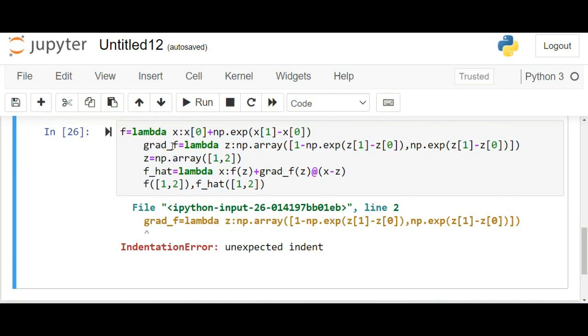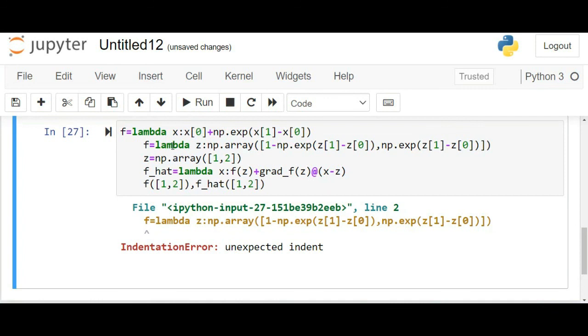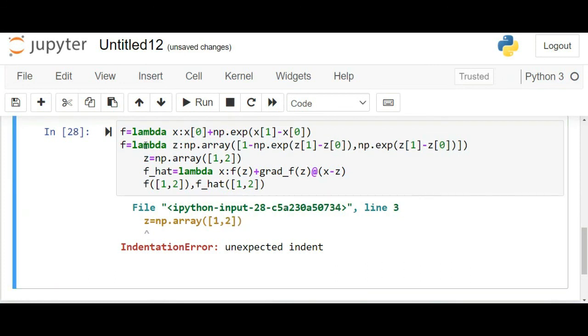I think if I do not write grad_f correctly, then it will not work. Actually, this is not defined.